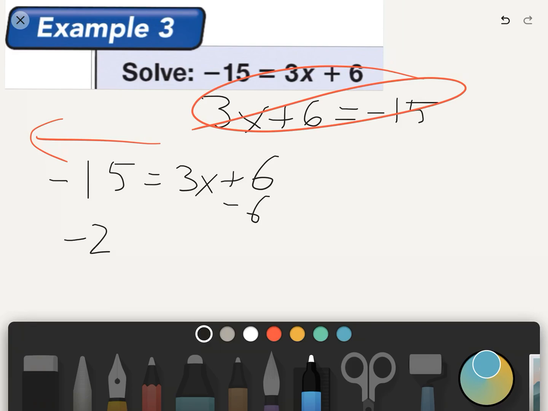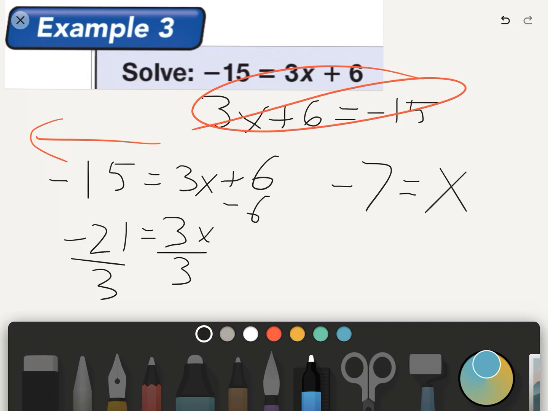So this will actually be negative 21 equals 3x. And dividing each side by 3 will get us a final answer, and still just keeping everything on the same side that they were on, it doesn't matter. Negative 7 equals x. Or x equals negative 7. Doesn't matter.